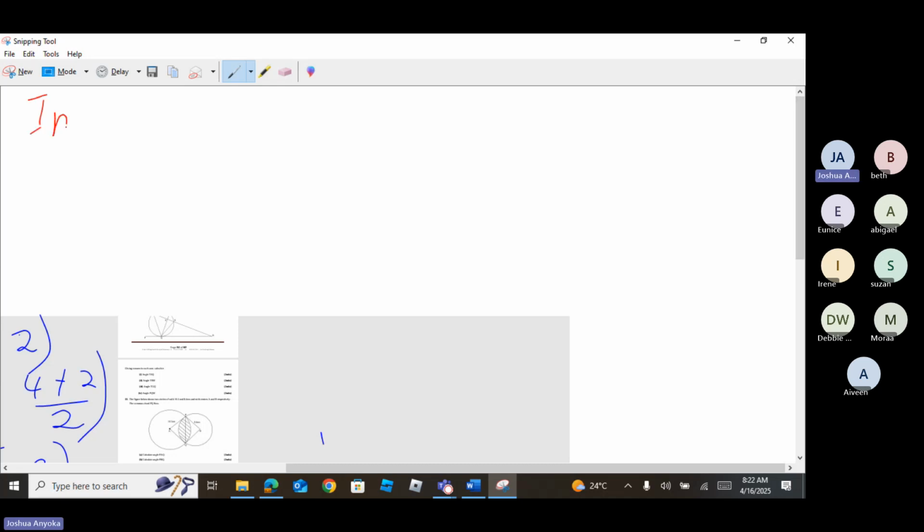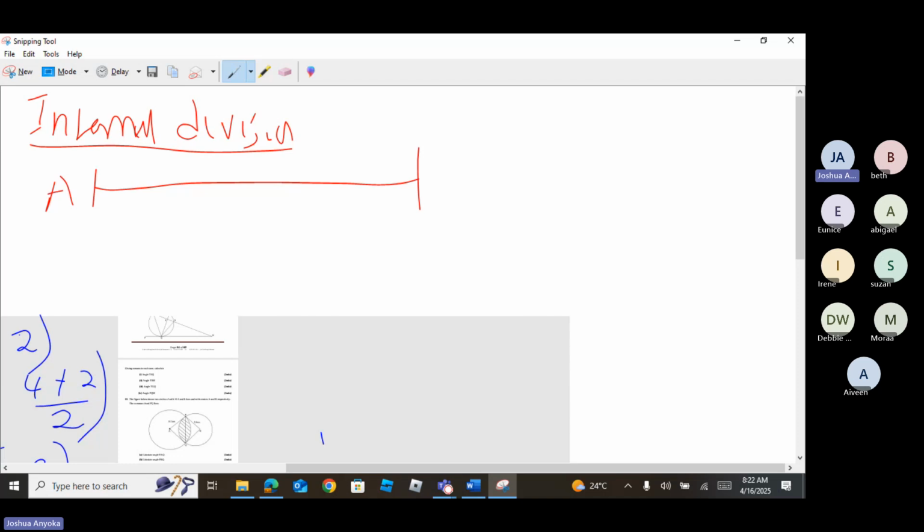internal division. If we have the line AB, a point M will divide AB in the ratio 4:3.